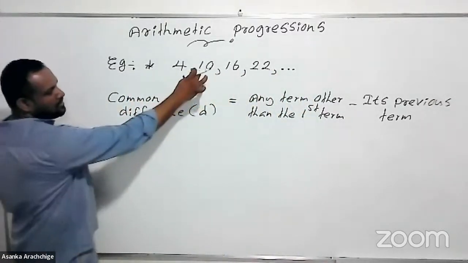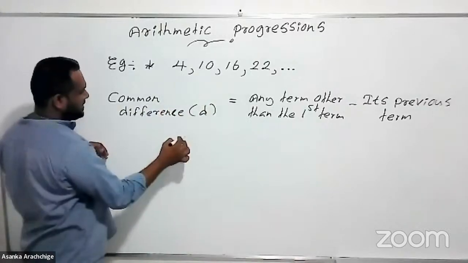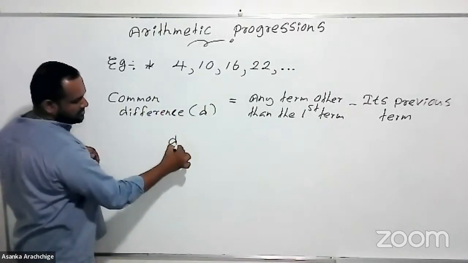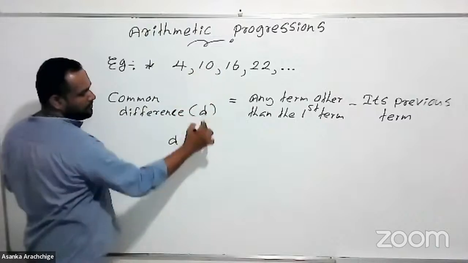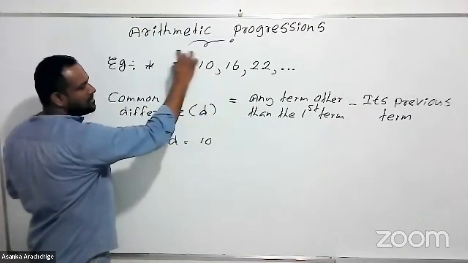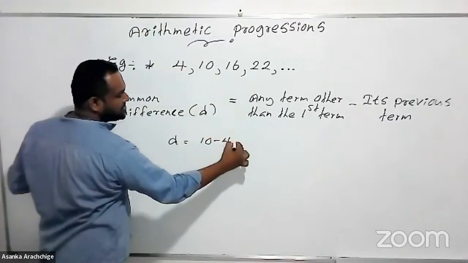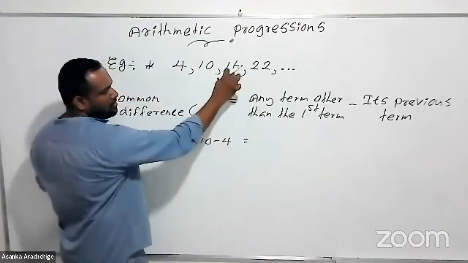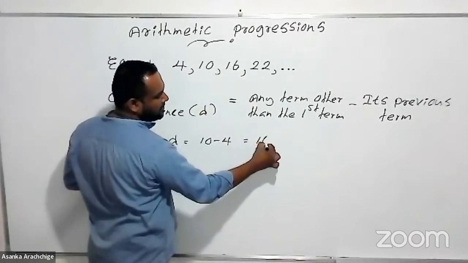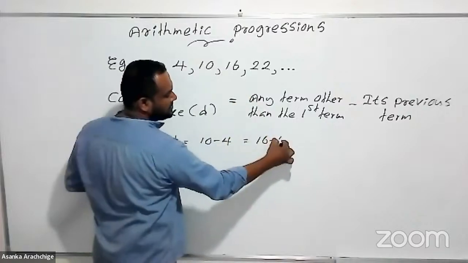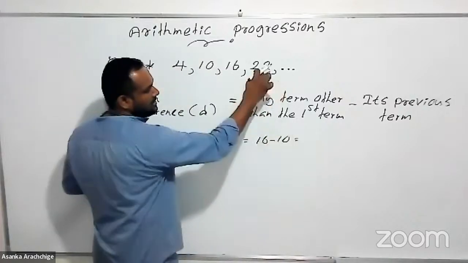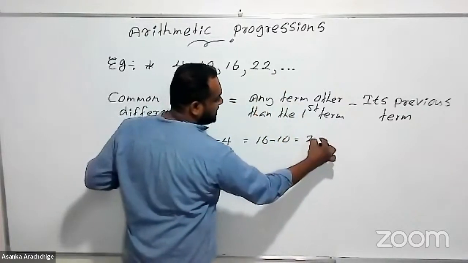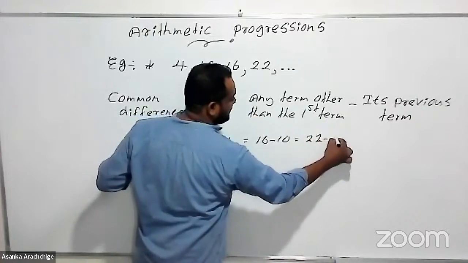So, in this pattern, common difference D equals, if you select the second term, subtract the previous term. Or, if you select the third term, subtract the previous term. If you select the fourth term, subtract the third term.